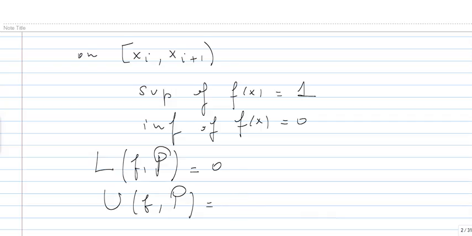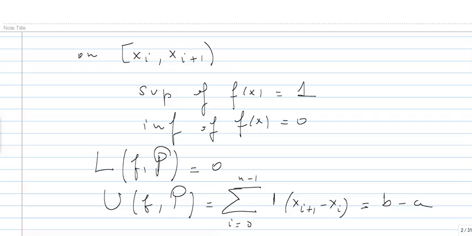In other words, it is the sum of the 1 here, that's the max, times the length of the interval, from 0 to n minus 1, and this will give us b minus a.